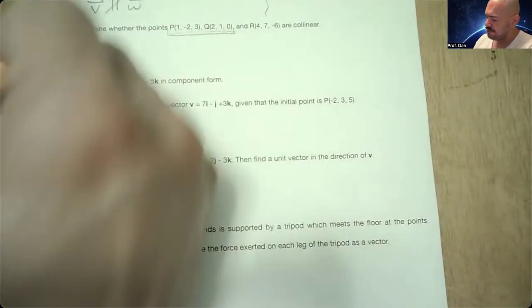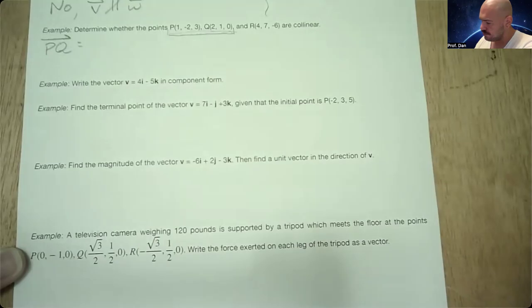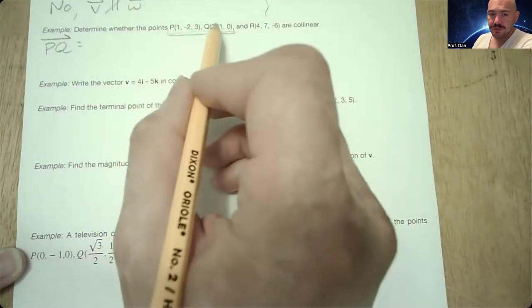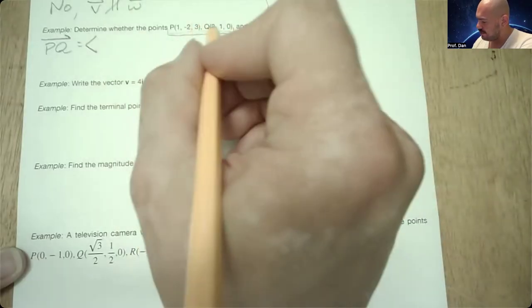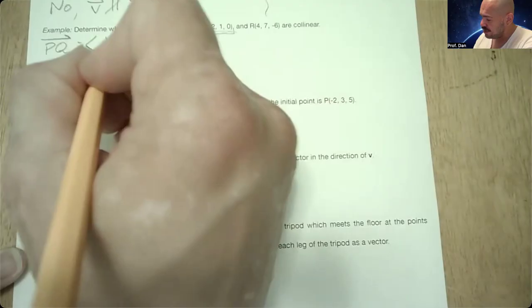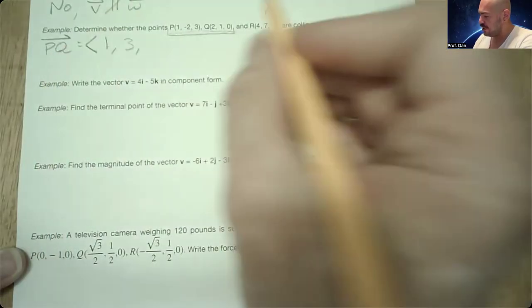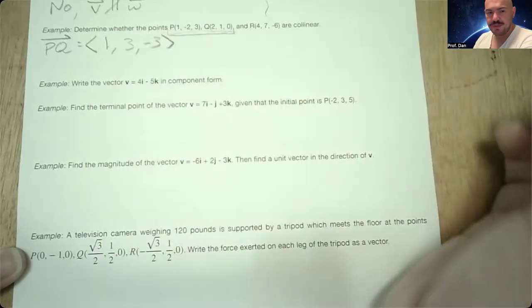Let's think of it this way. PQ, right? We can use P as the initial point. We can use Q as the final point. So PQ, we're going to get 2 minus 1, 1 minus negative 2, and 0 minus 3. So that's PQ.